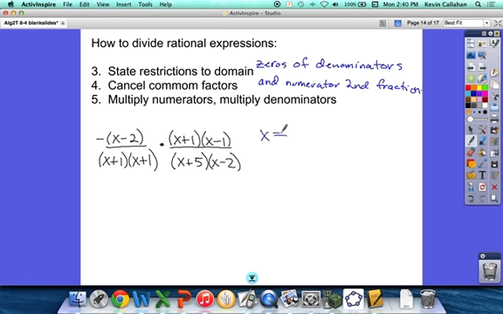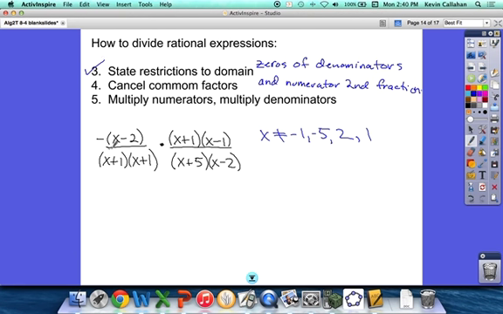X does not equal -1, -5, +2, and now there's a -1, but we already have a -1, and there's a +1. Right, that's the statement of the restrictions.